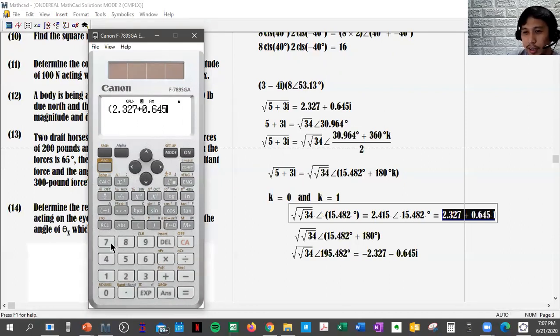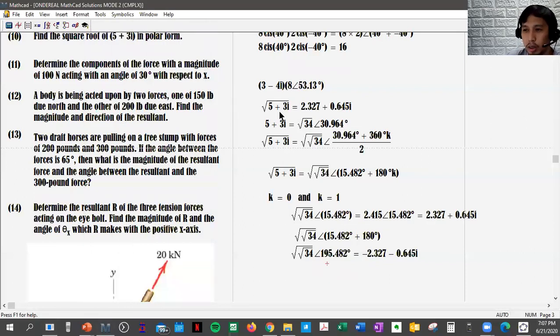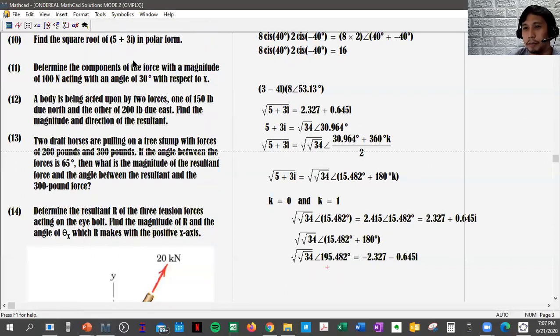Reverse engineering natin, no? So the square of this must be 5 plus 3i. Oh, see? It's about 5 plus 3i. Now, how about if ito is negative and the other one as well is negative? Would it give us the same result? Well, of course, no? Approximately 5 plus 3i. So that's how to take the square root of a complex number.